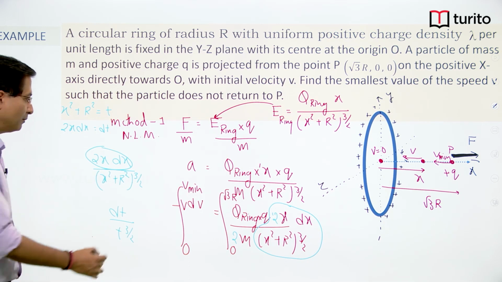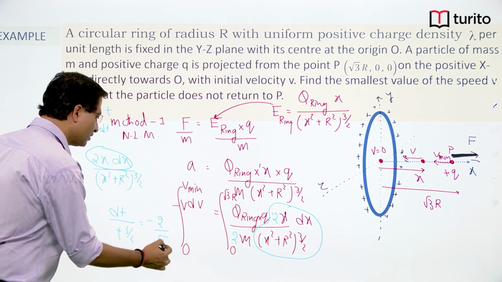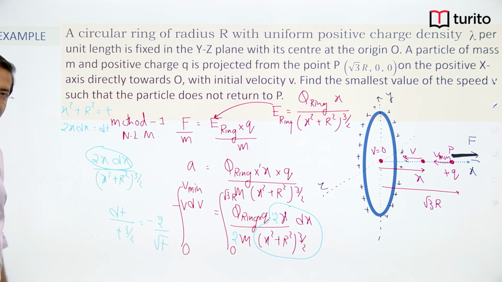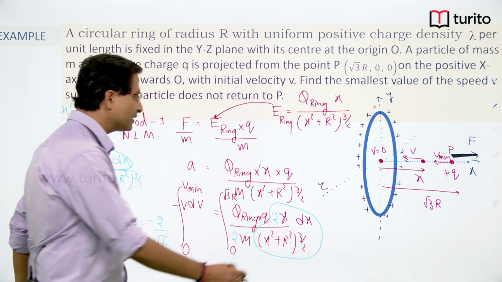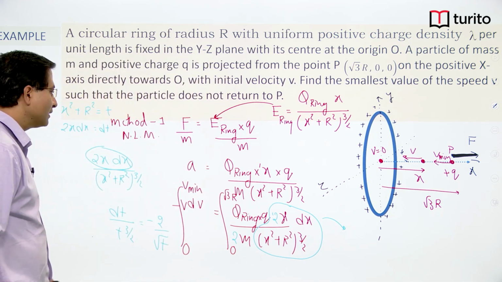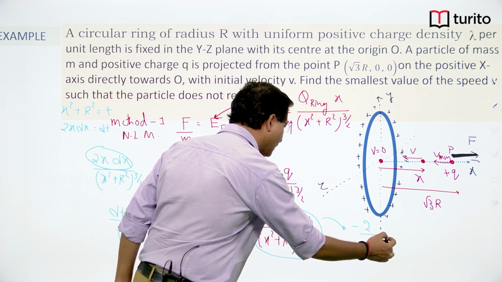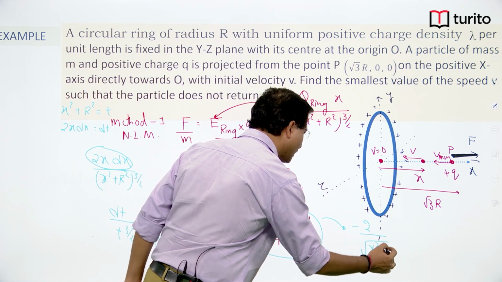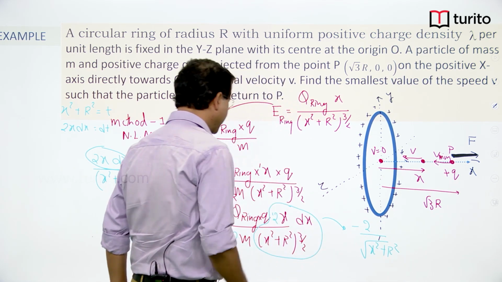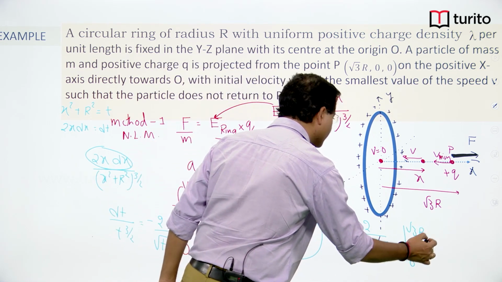The integration of this will be minus 2 divided by under root t, and what is t? t is x square plus r square. So after integration you will get minus 2 under root x square plus r square, with limits 0 to root 3 r.